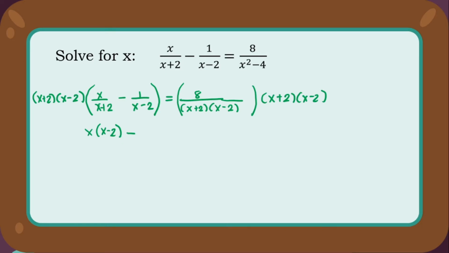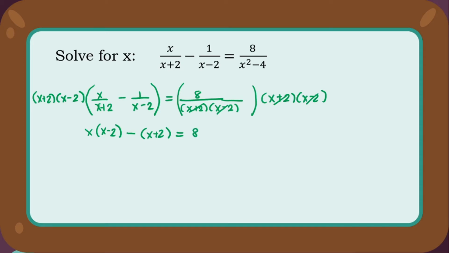Copy the sign. How about the second term? If we multiply by the LCD, x minus 2 will cross out. What remains? Correct, x plus 2. Equals, how about on this one? What will cross out? Very good. They cross out, therefore what remains is 8.